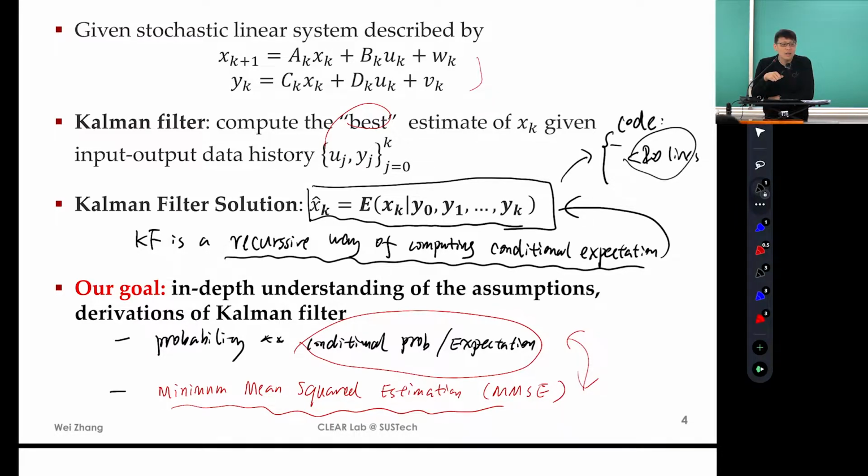Another student is actually my friend, and they're in computer vision. You know, in computer vision, before the deep learning time, if you want to do tracking, you somehow use Kalman filter. So Kalman filter is well known in computer vision.